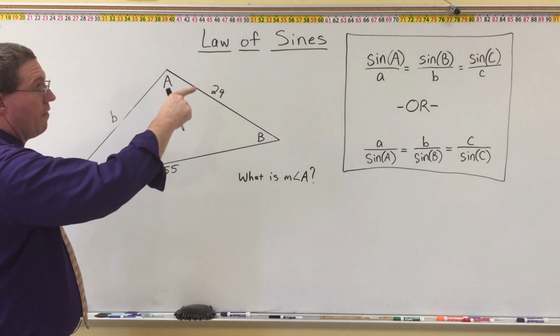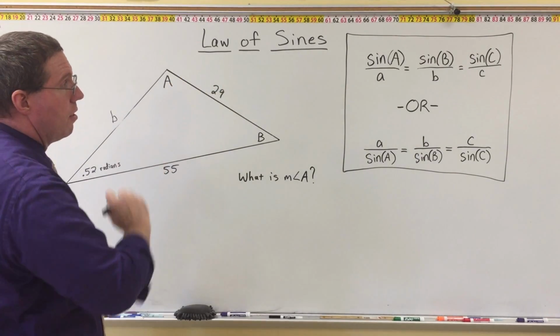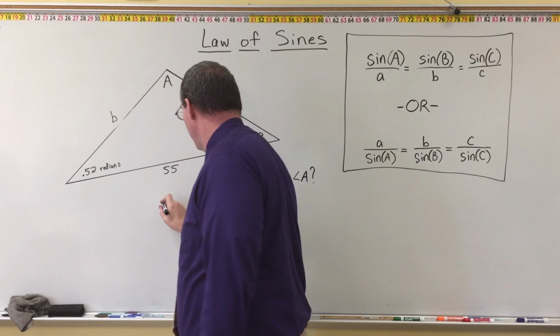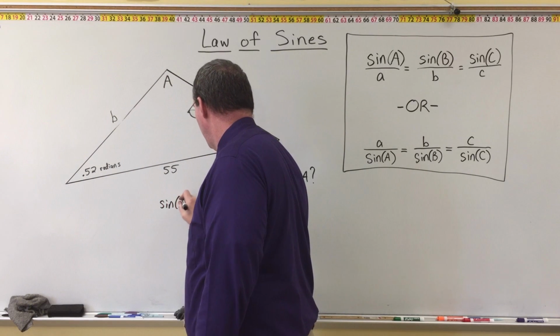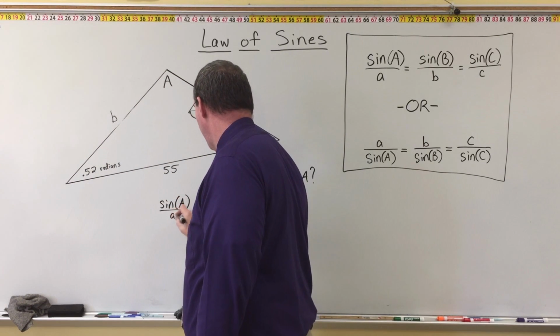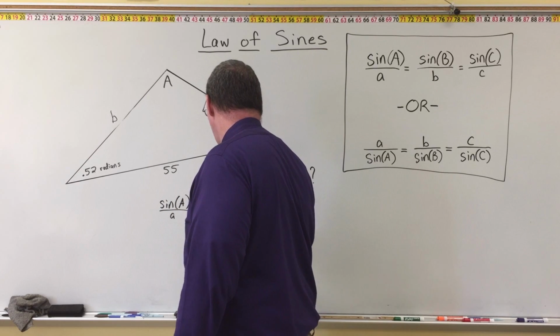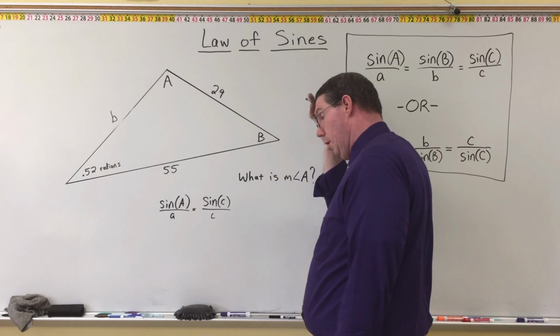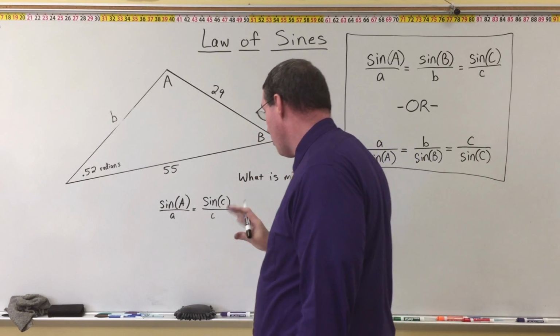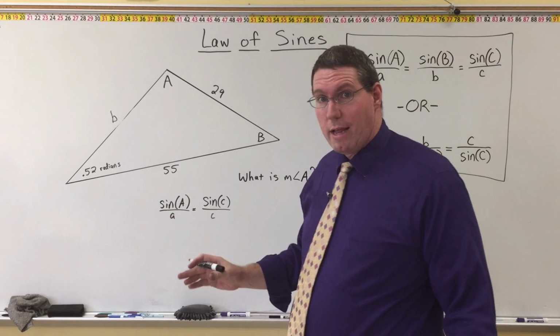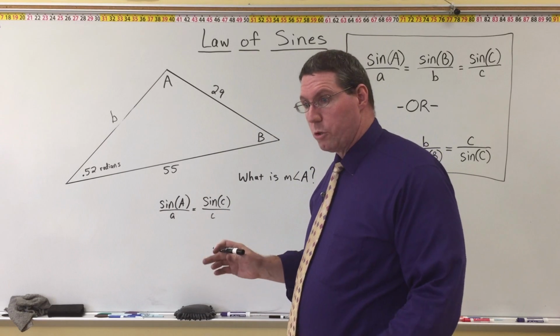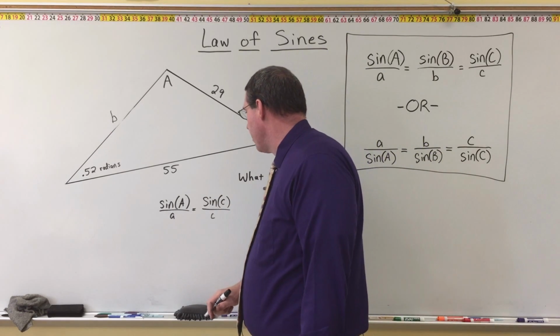So we're going to use sine of A over side A is equal to sine of C over side C. Just a proportion between the angle and the side. That's what trigonometric functions are: they create constant proportions between sides and angles.